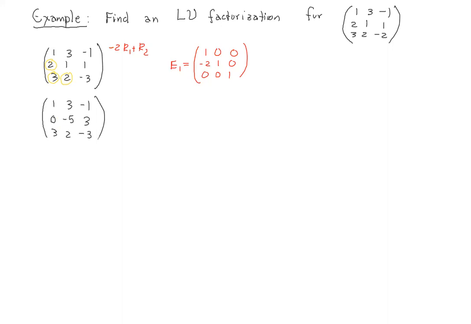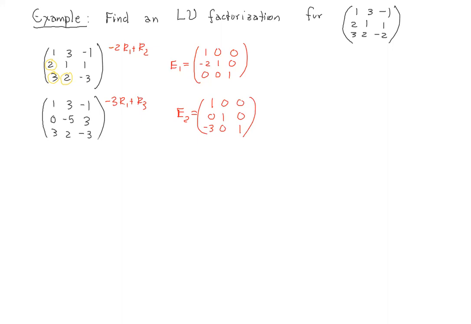So now let's make the entry 3 on the third row equal to 0. So this will be achieved by the operation -3 row 1 plus row 3. And how is this operation implemented? It's implemented by 1, 0, 0; 0, 1, 0; -3, 0, 1, as we discussed before.